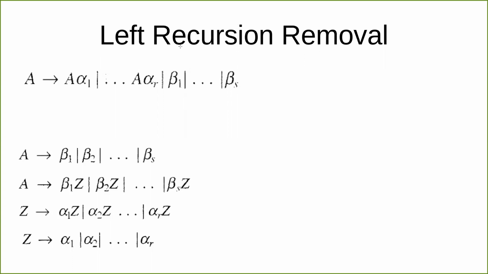So what is left recursion in the context of grammar? If a production is something like this, A goes to A alpha, where alpha could be anything, any string of terminals and variables.